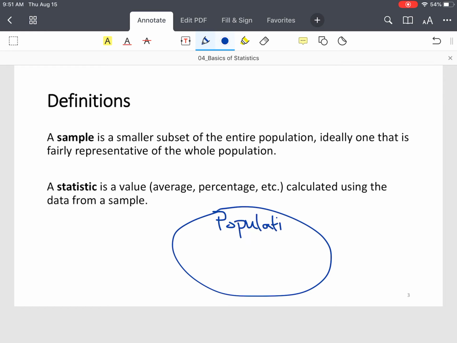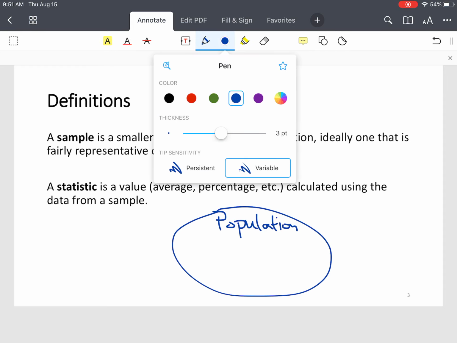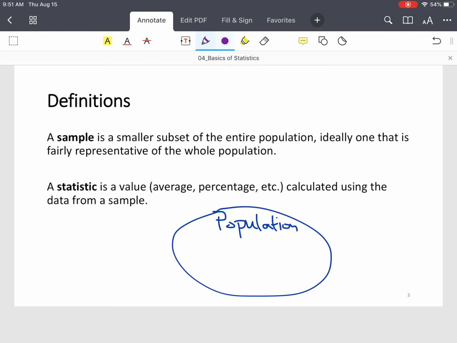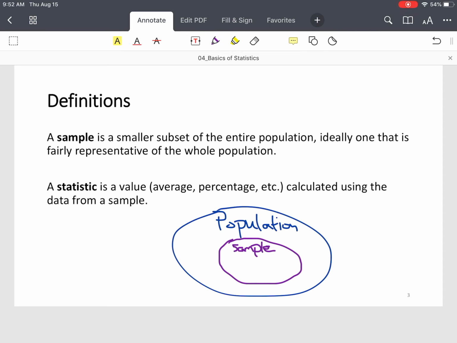That's the group we want to study, but it can take a whole lot of time and a whole lot of money to study a population. All right, so typically when you do a study, you grab a sample from the population. So your bigger group, population, your smaller group, sample.